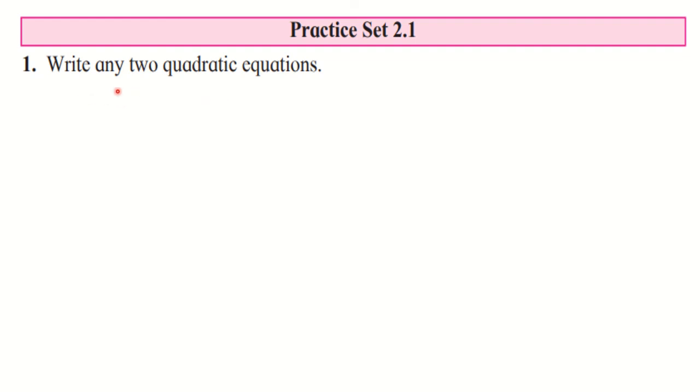So all of you can write down any 2 quadratic equations. Only you have to keep in mind the 2 conditions. The first condition is that the equation should have only one variable. You cannot write 2x square plus 3y is equal to 0. Here 2 variables came, so it is not a quadratic equation. Please take a note of this.